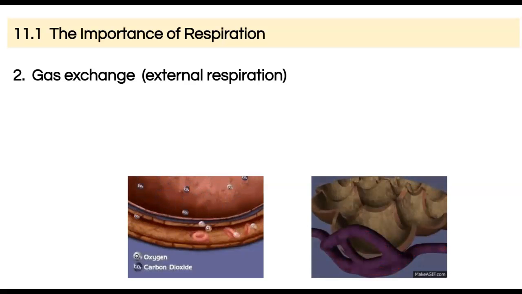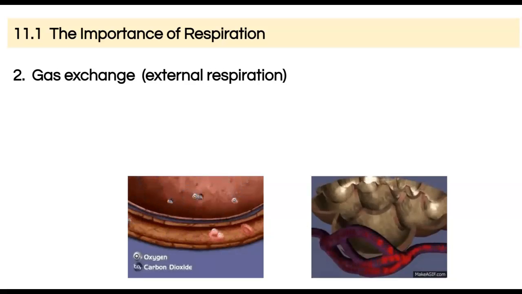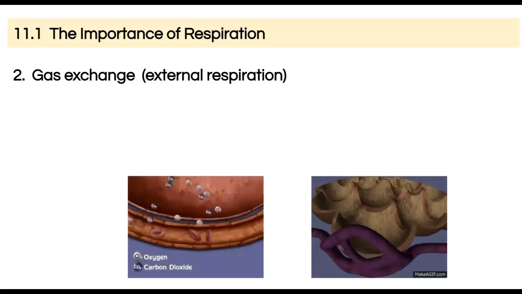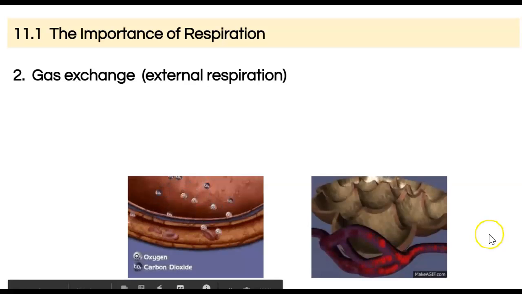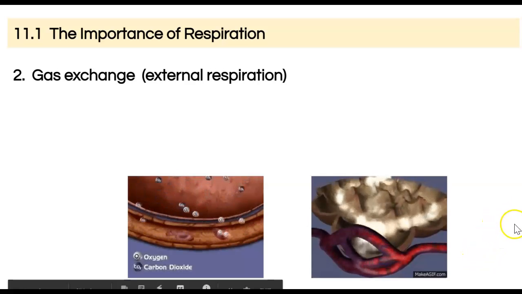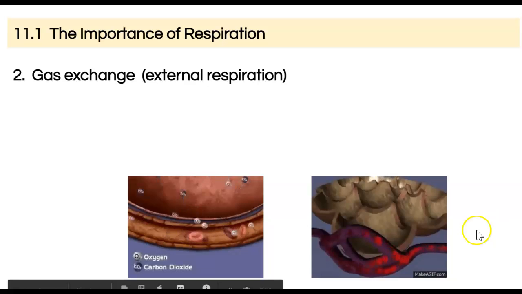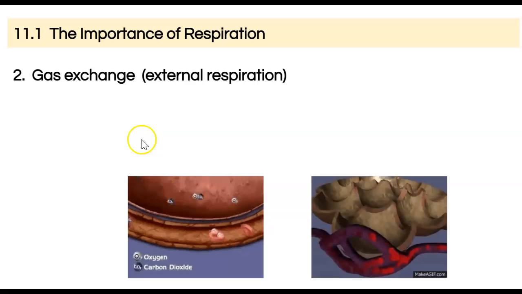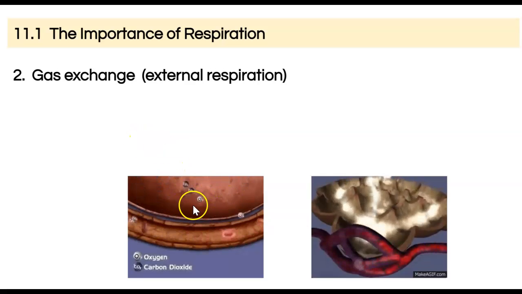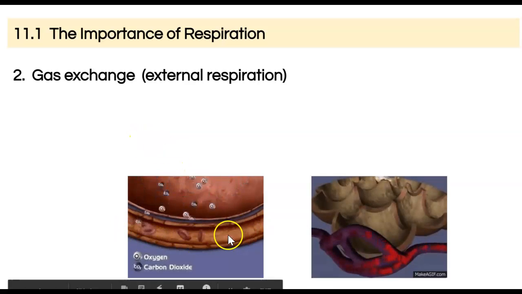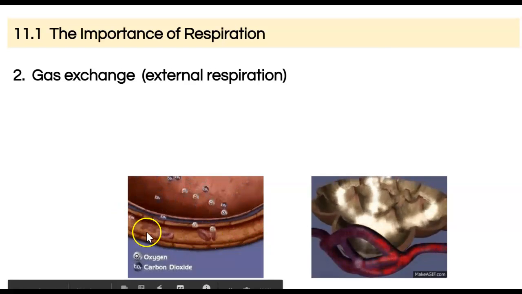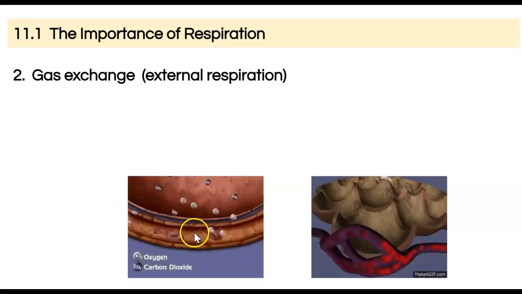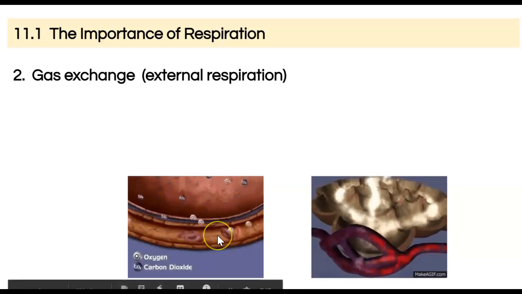And this is true not only of mammals like humans, but other organisms as well. There still needs to be a process of gas exchange happening between the external environment and the internal environment. Okay, so over here would be the external environment, so the inside of your lung, for instance, and this would be your internal environment, which would be like your blood vessel, and you can see there's that gas exchange happening with your red blood cells.